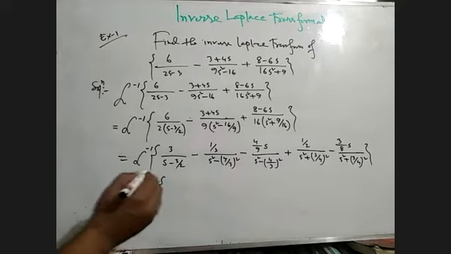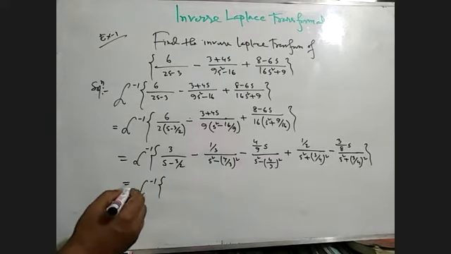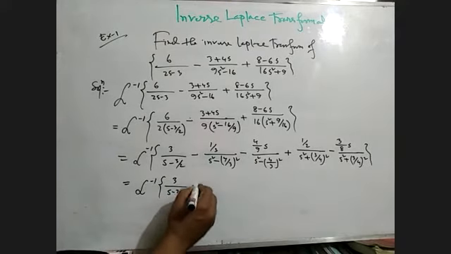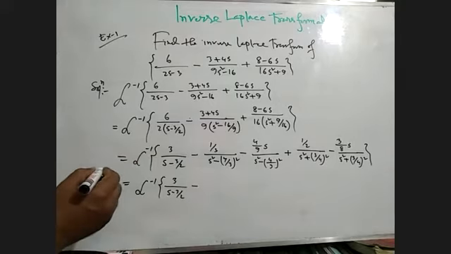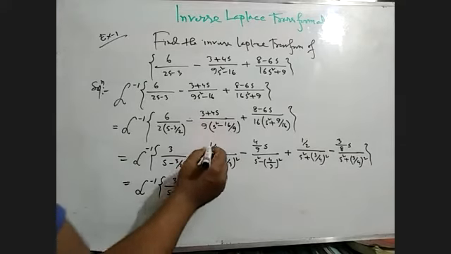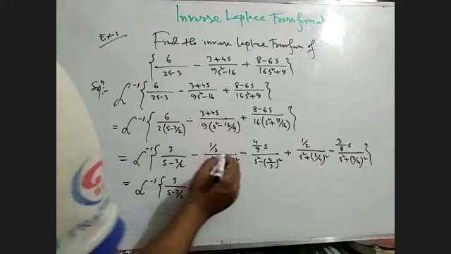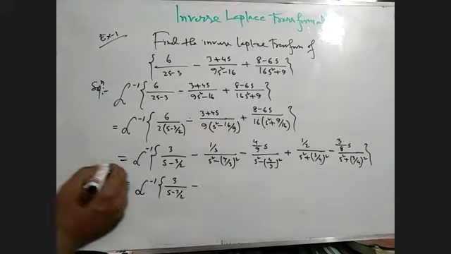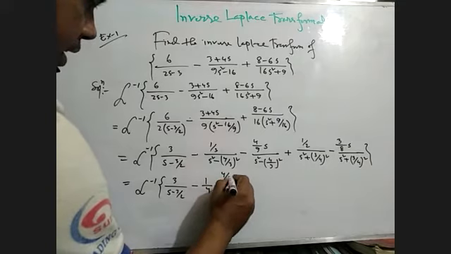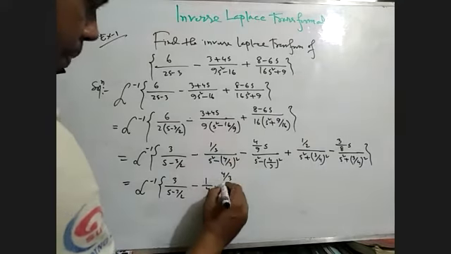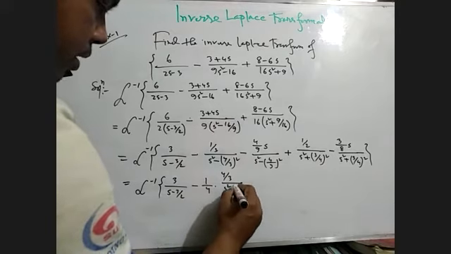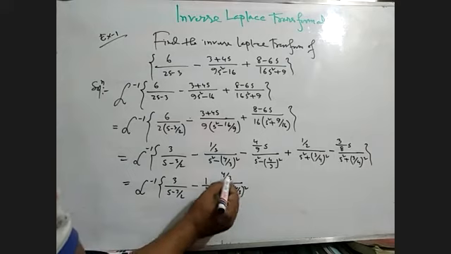So we can write the inverse Laplace transformation of 3 divided by s minus 3 by 2, minus 1 by 3 and another s square minus 4 by 3 whole square. If we take 1 by 4, then we can write 4 by 3 here, to make a similar term for fitting the inverse Laplace transformation formula, because this term and this term will be the same.